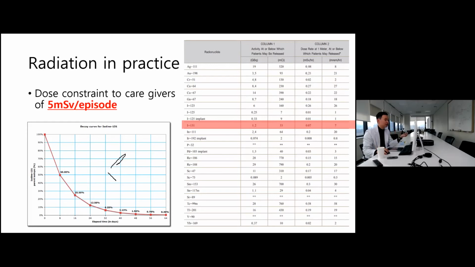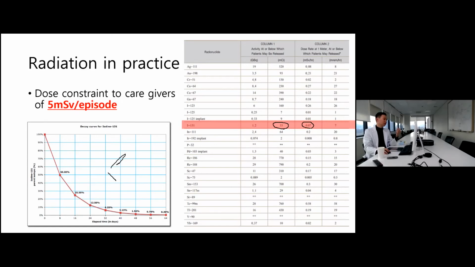At discharge, the patient can be released if the activity of the patient is lower than 33 millicurie, and if the dose rate at 1 meter is below 0.07 millisievert per hour, then the patient can go home. This came from the dose constraint to caregivers of lower than 5 millisievert.